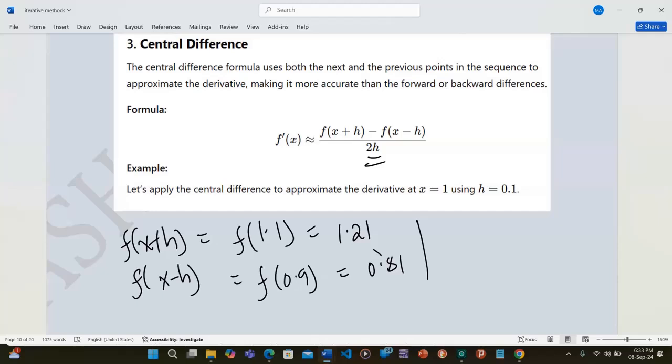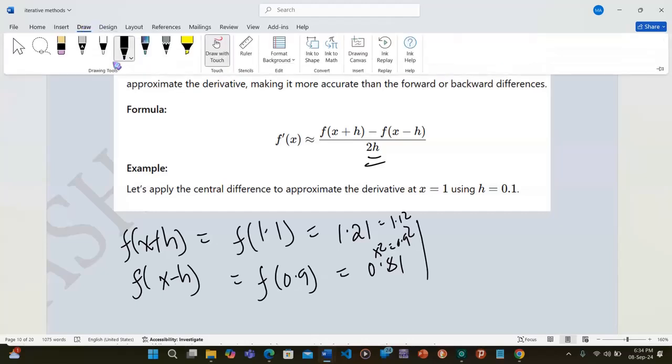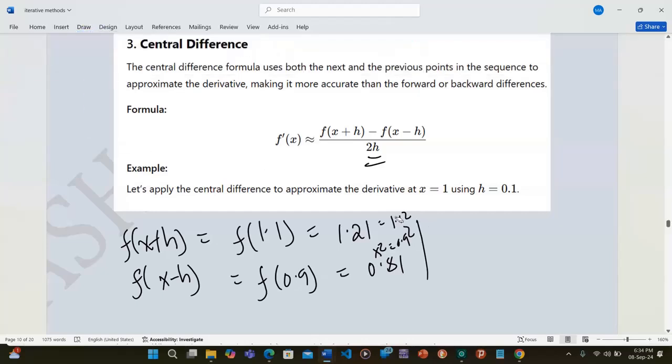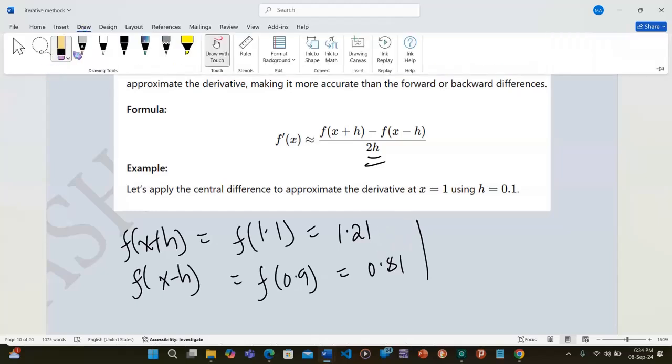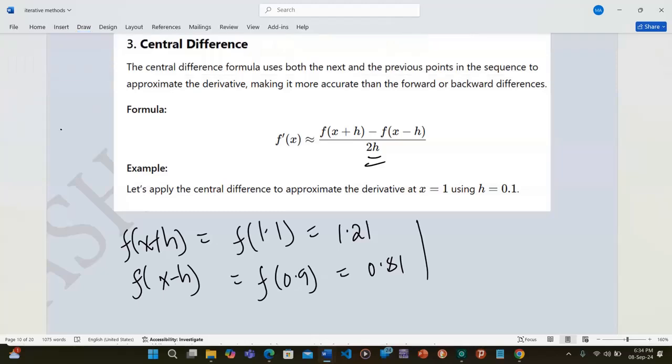So here is x squared, and this is 0.9 squared. This is 1.1 squared, giving you 1.21. What about h? h is 0.1.